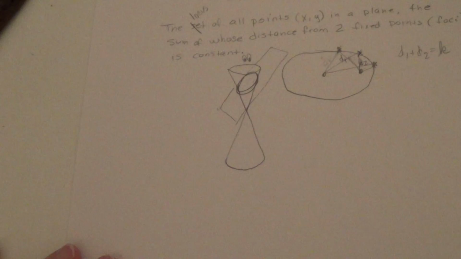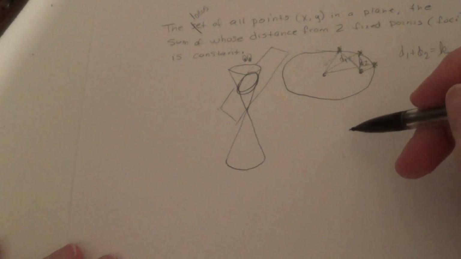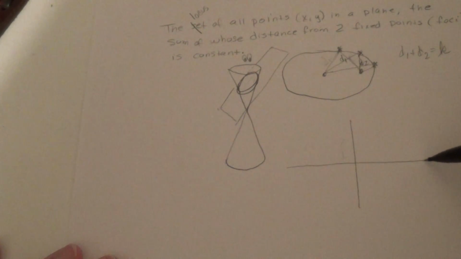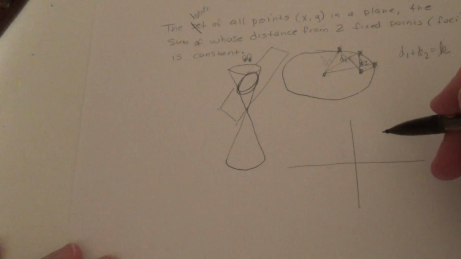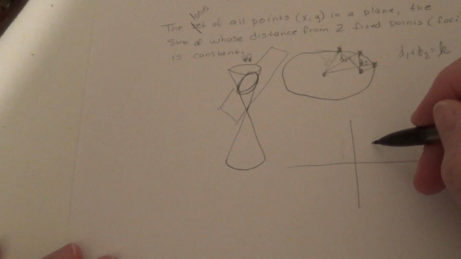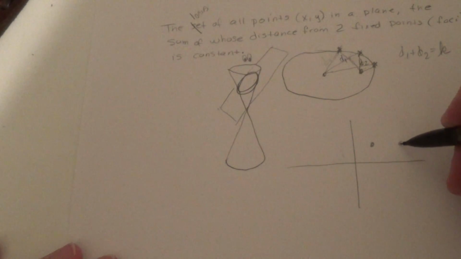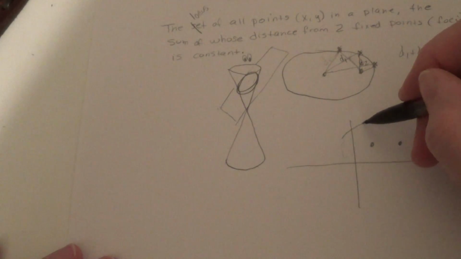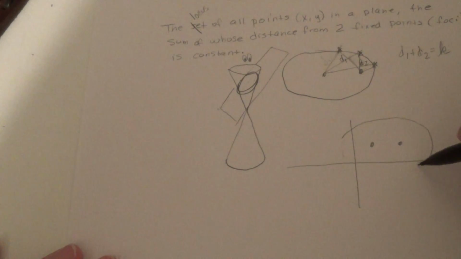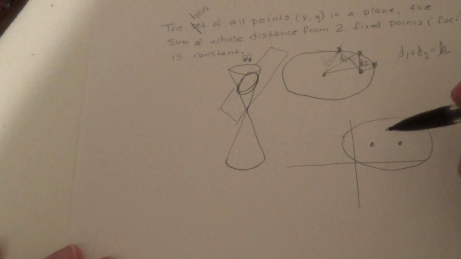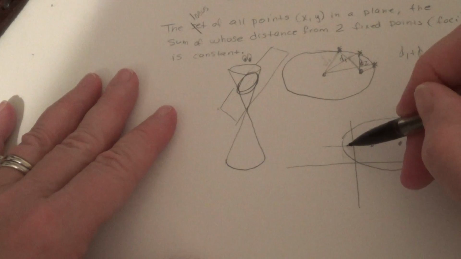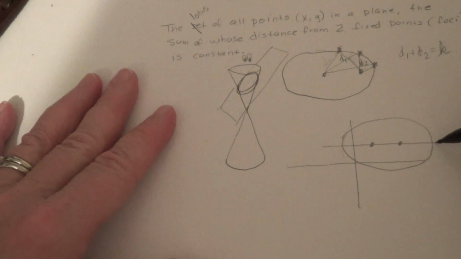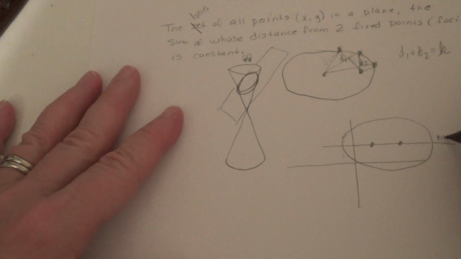Every figure has its own terms, so let's introduce you to the terms. I'm going to put a coordinate plane here. Let's say the ellipse has a focus here and a focus here. So the ellipse will go around like that. The two foci are on a line, so we're going to draw that line. That line is called the major axis.